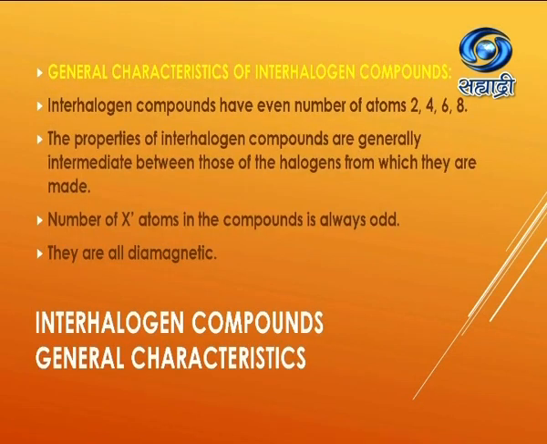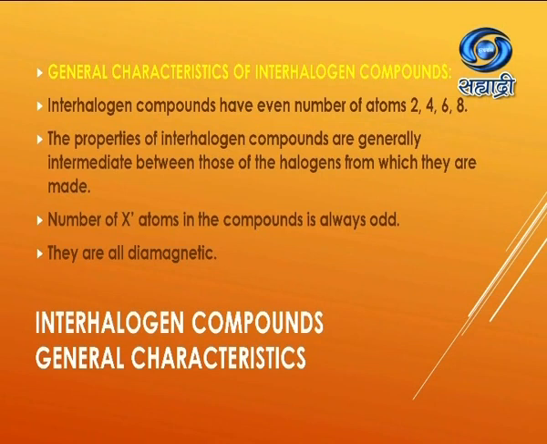Now general characteristics of interhalogens. Interhalogen compounds have an even number of atoms: 2, 4, 6, 8, etc. For example, XX' has one X atom and one X' atom, so the number of atoms is 2. Likewise, XX'5 has the number of atoms of X as 1 and that of X' as 5, so total atoms are 6.